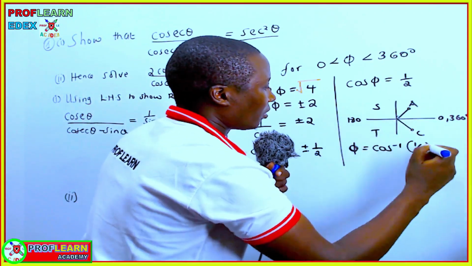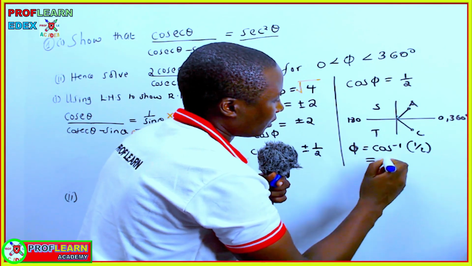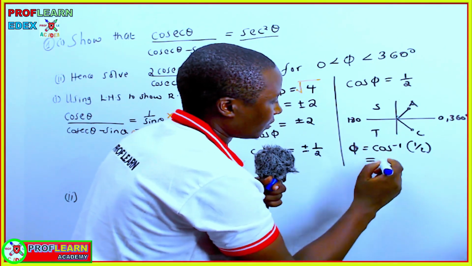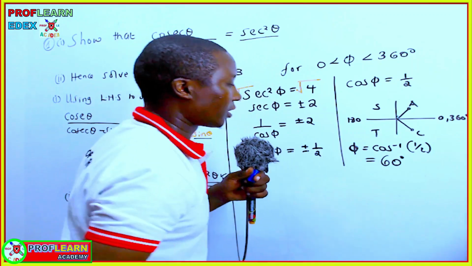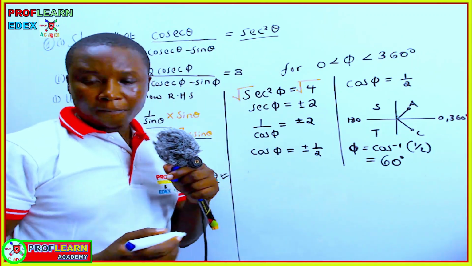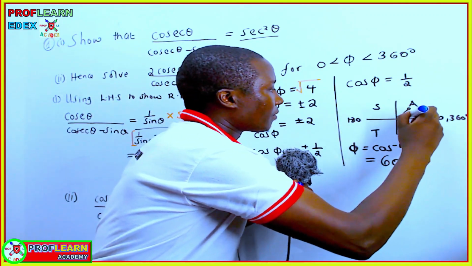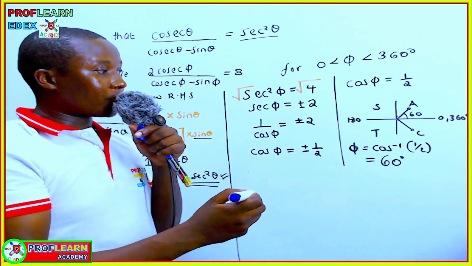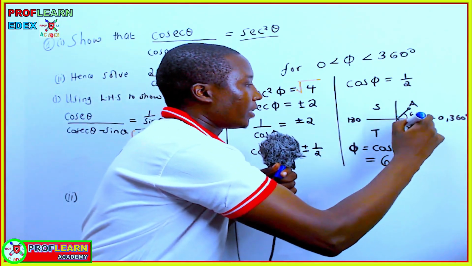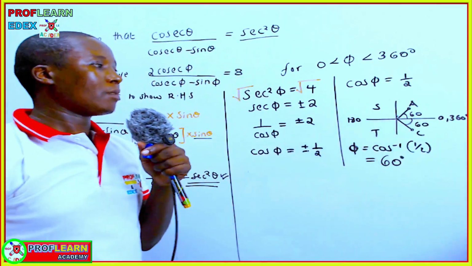So this angle here is 60 degrees, and because of symmetry, this angle down here is also 60, right?